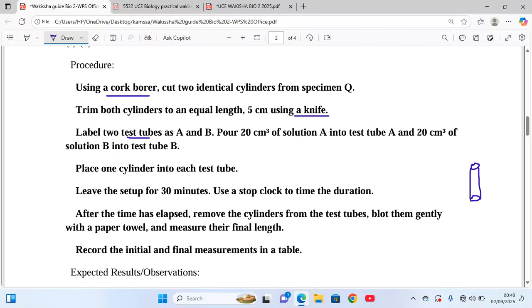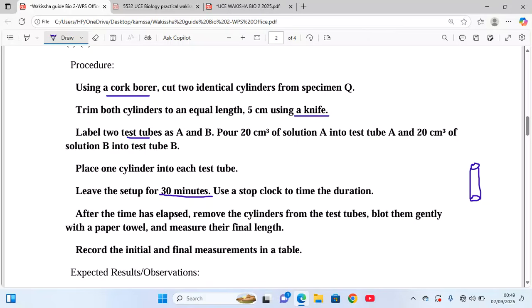Now this is a controlled variable, the 30 minutes we put for A and B. They should stand for 30 minutes before we observe, using a stop clock to time the duration.